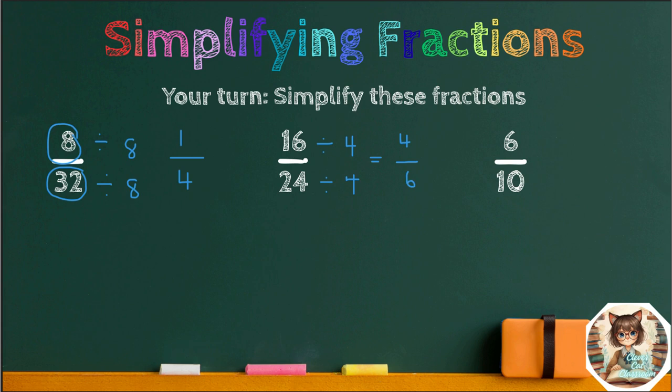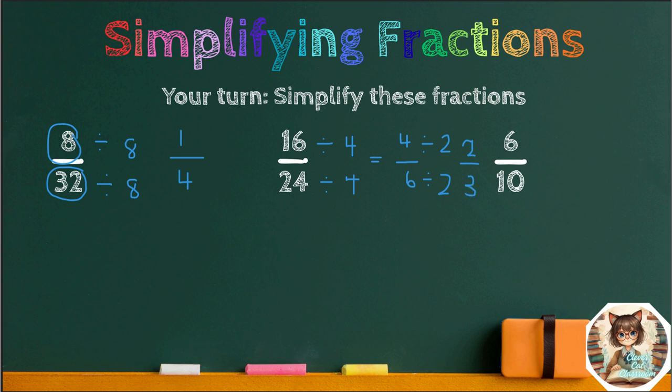All right, if I look at this one, I can reduce it even further. I am going to divide it by 2. So I say divided by 2, divided by 2, and I get 2, oh goodness me, 2/3.